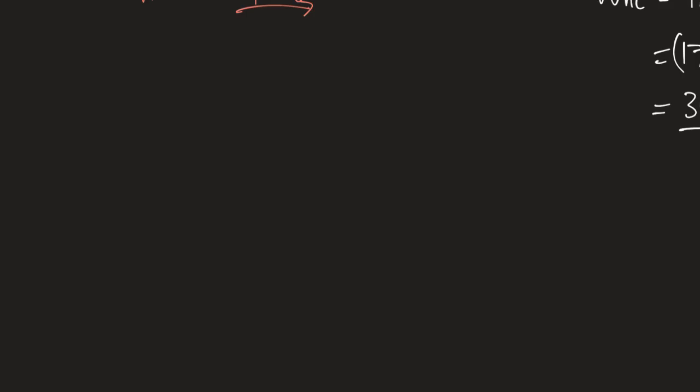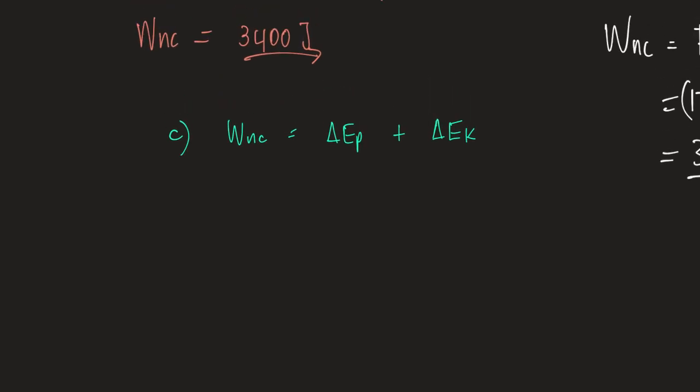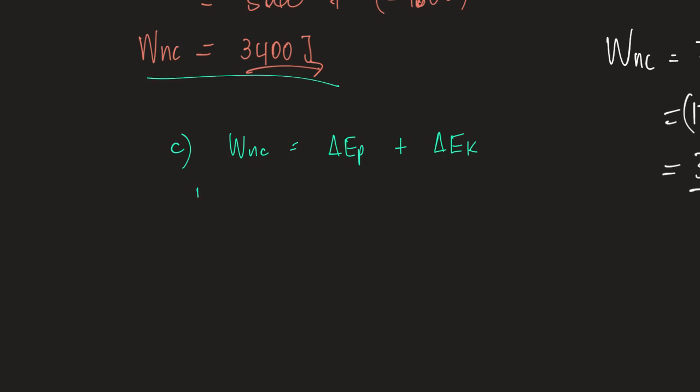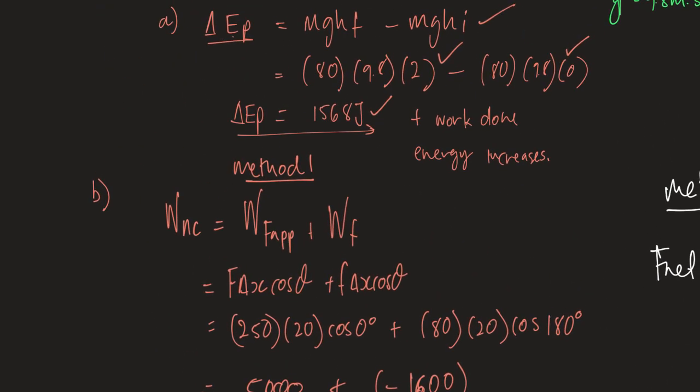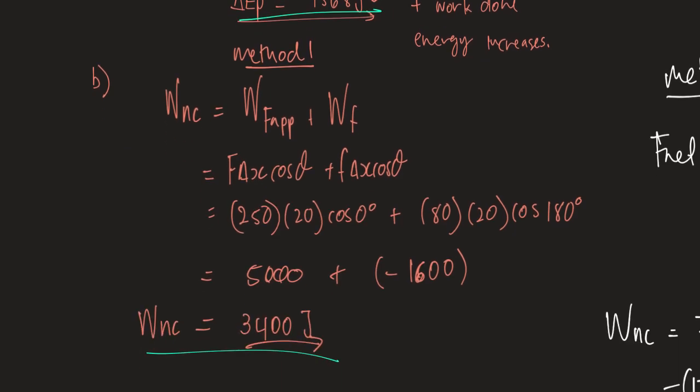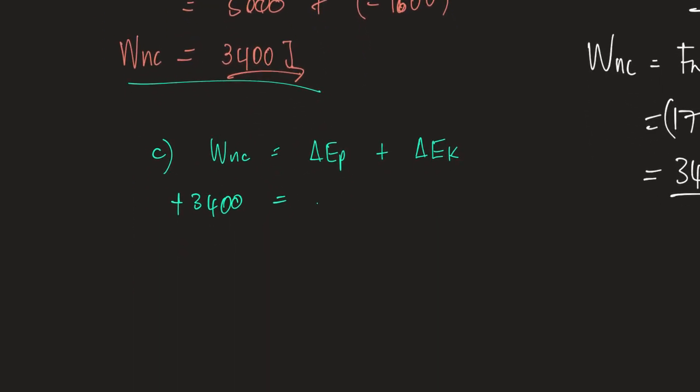So question C, we say work non-conservative, because that's energy principles, is equal to the change in potential energy plus the change in kinetic energy. I've worked out work non-conservative of the system at positive 3,400 joules, which is equal to the change in EP, which we got over here at 1,568, plus the change in EK.